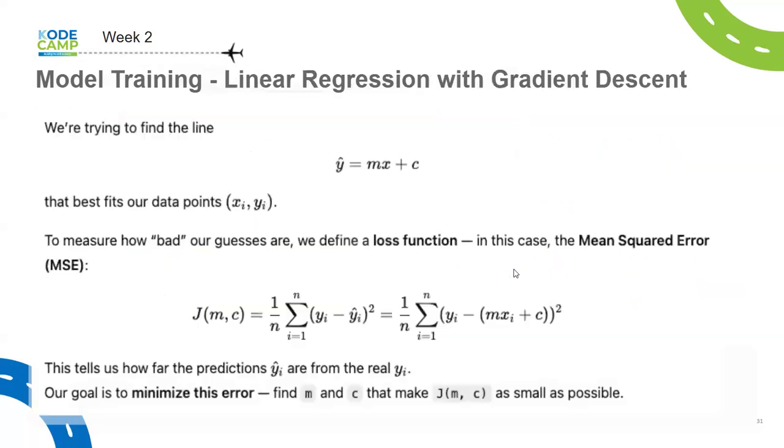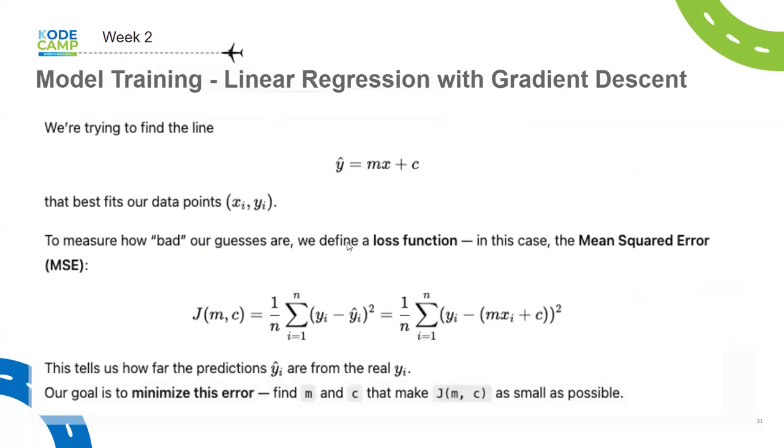And you continue to loop this process. So let's now see how we'll do it with a linear model. You start off with a linear equation, which is a linear model: y hat equals mx plus c. You have data points x_i, y_i.